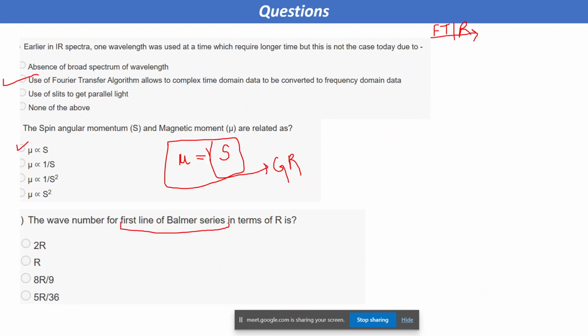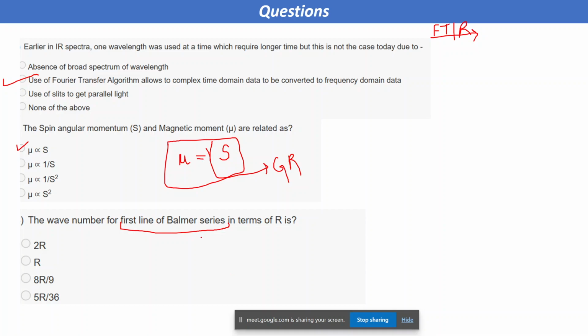So what will it be? 5R by 36. Okay, it's correct.